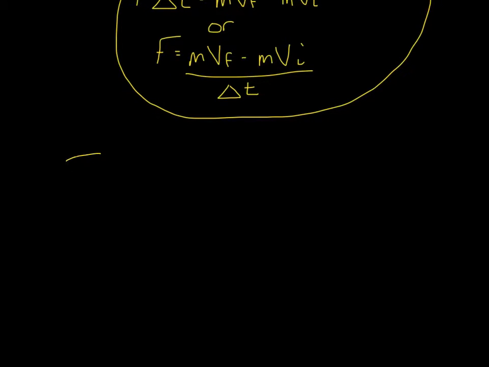So I'm going to say my force equals, now this first part, mass times final velocity: my final velocity is 0, so that value is going to be 0. So it's going to equal a negative, and I'm saying negative because it's subtraction, negative my mass, 1,400 kilograms, times my initial velocity.